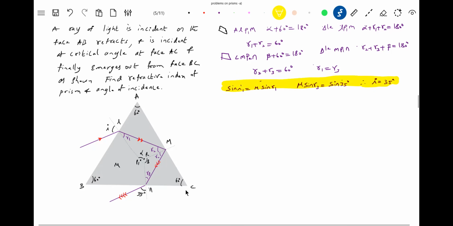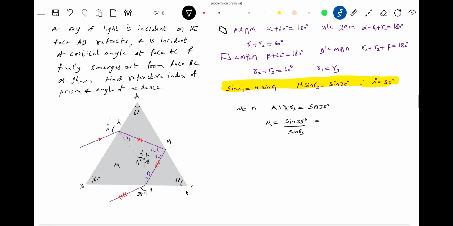Now we have to calculate the mu of the prism. Let me take help of N. I'll apply Snell's law at N: mu sine R3. Mu is what we needed, sine 35 degrees by sine R3.